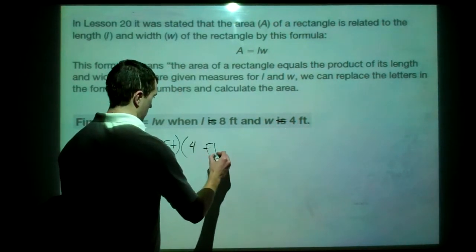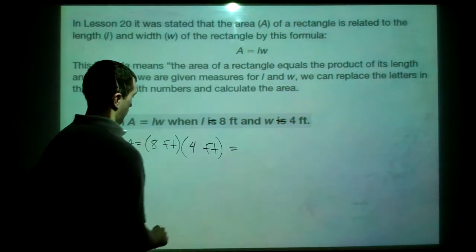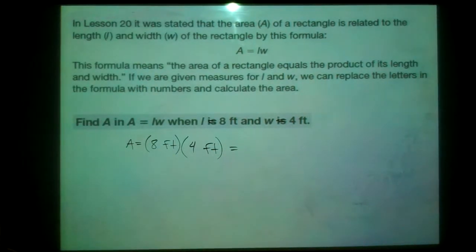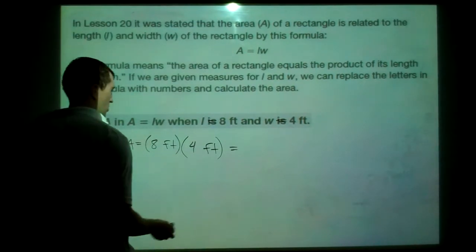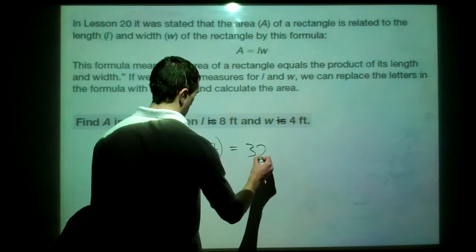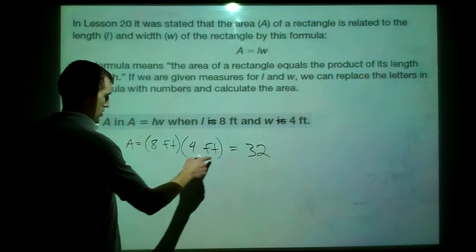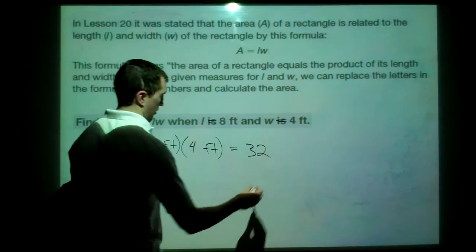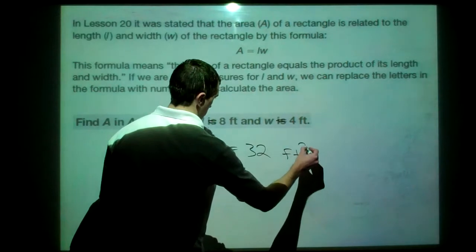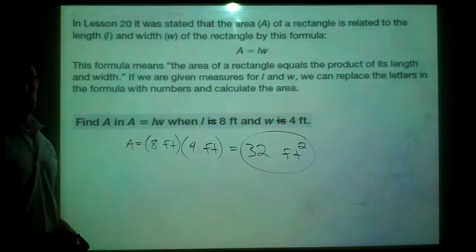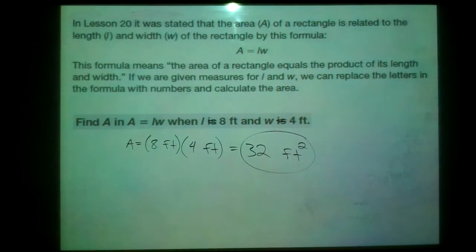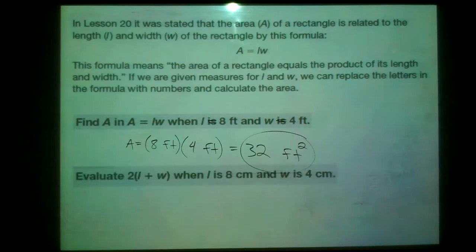And you'll notice that I put equal signs because "is" in math means equals. So now we do 8 times 4, and we get 32. And we've got 2 feet that we're multiplying together, just to remind us that we should be in feet squared because we are dealing with area. Okay? So 32 feet squared for that one, or 32 square feet.